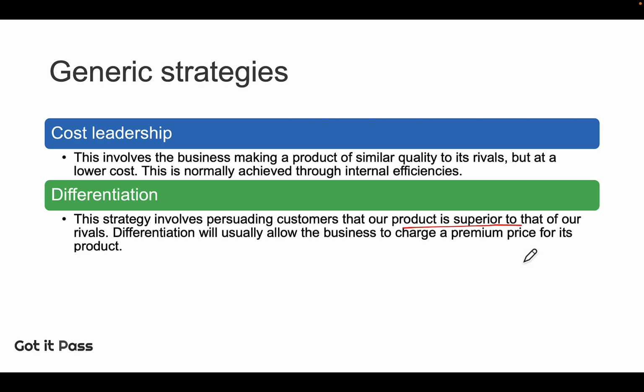The customer perceives the quality of a Mercedes-Benz to be better than a Toyota. So therefore, differentiation would allow Mercedes to charge a premium price as compared to Toyota for its car.